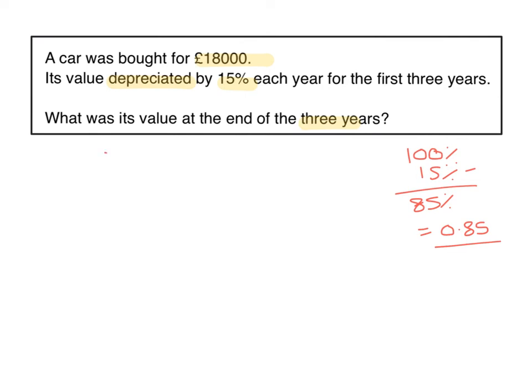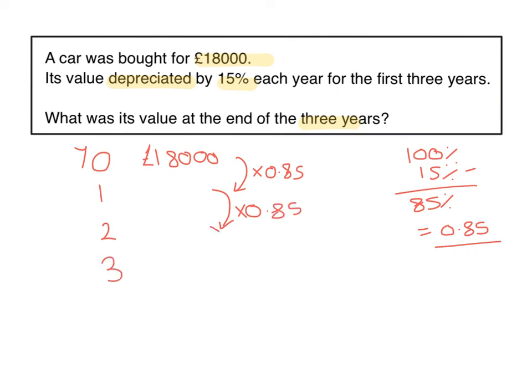So we start off in year 0 at £18,000. So in year 1 we need to times by that 0.85. And then once I get my new answer, to get to year 2, I times by 0.85 again. And once I get my answer, to get to year 3, I times by 0.85 again.